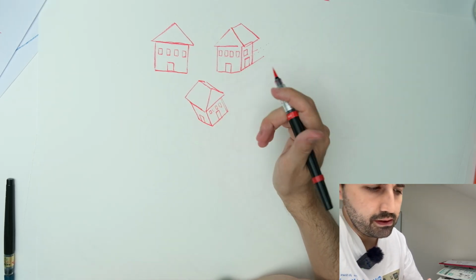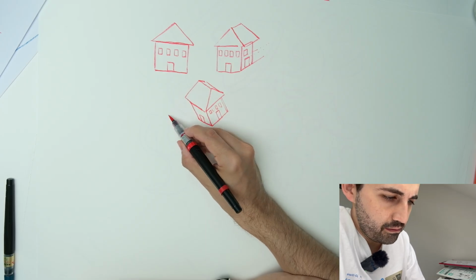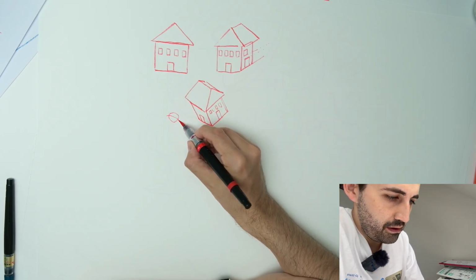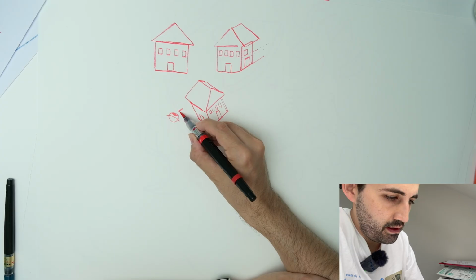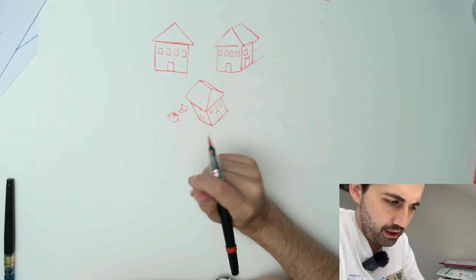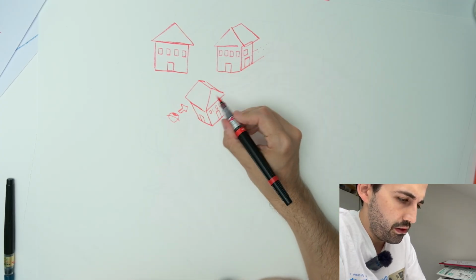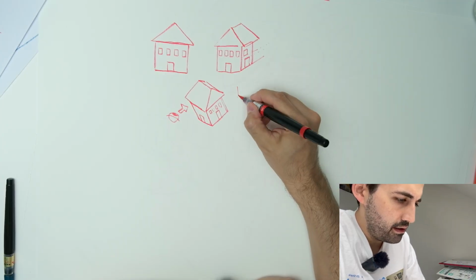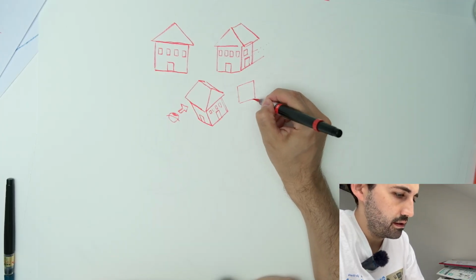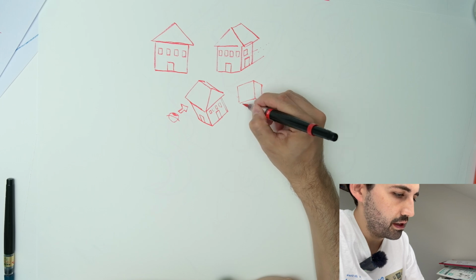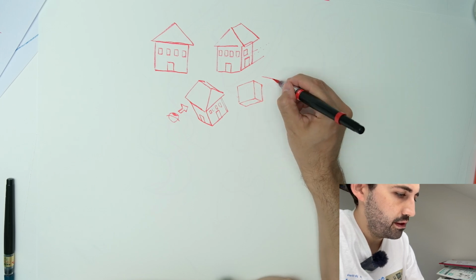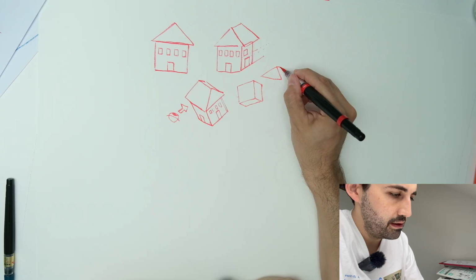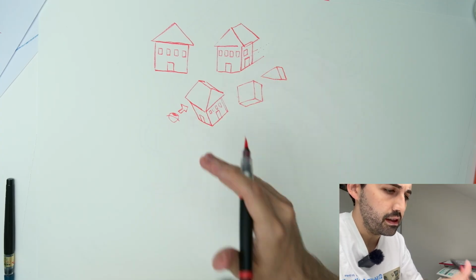So this is the same house, just that my eye is up here, and I'm looking at this angle from above the house. And the whole thing is that I'm combining this, the cube, right? I'm combining the cube with the pyramid, and I make a house in 3D.